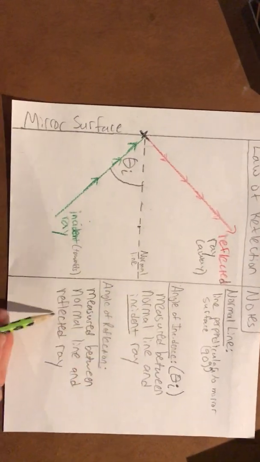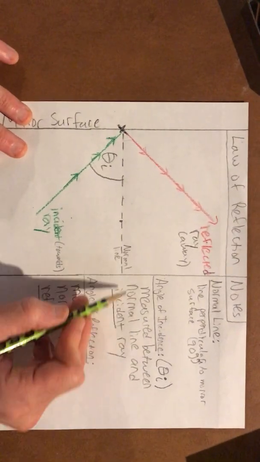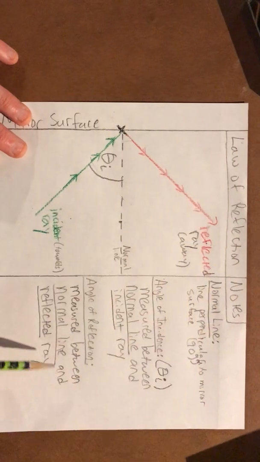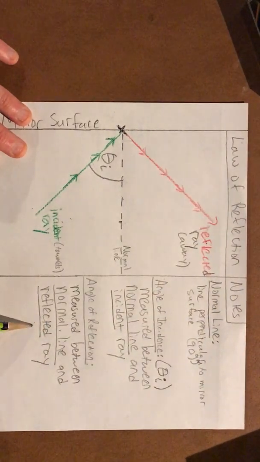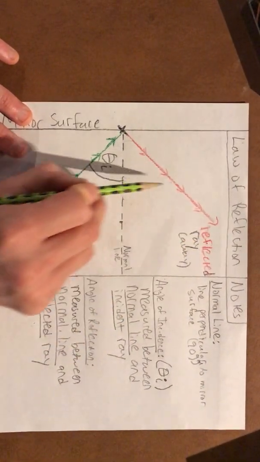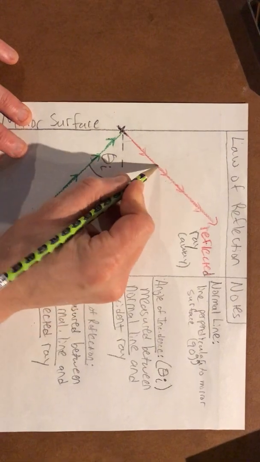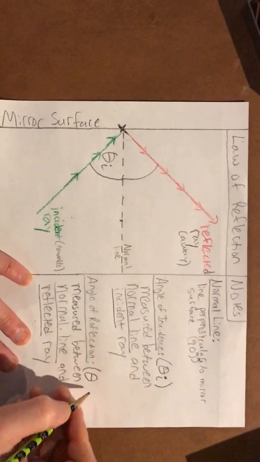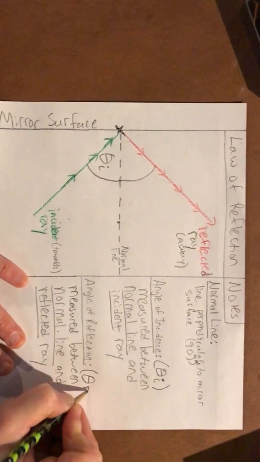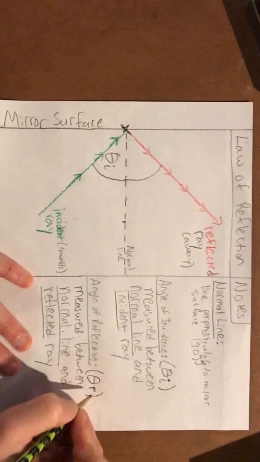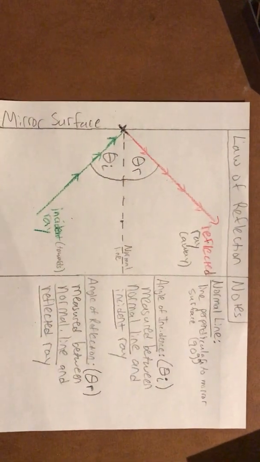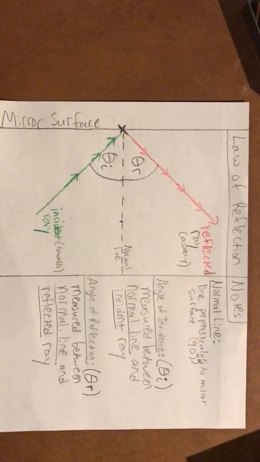So incident ray, reflected ray, normal line, okay? So this is between normal line and reflected, so that angle is right there. And that angle is, again, represented by the letter theta, but this time we call it theta R for reflected. Right there is theta R, angle of reflection.